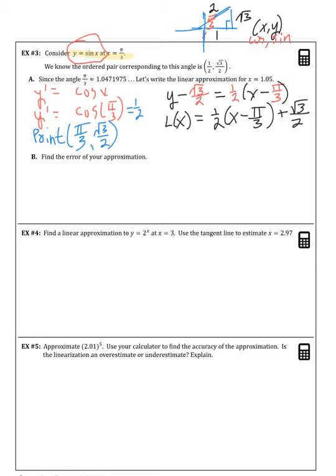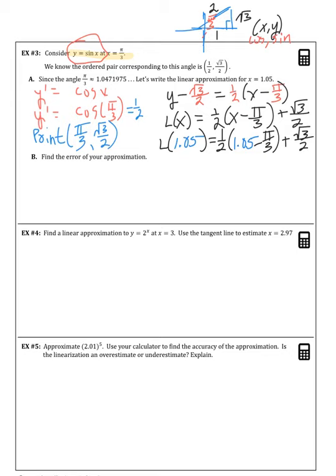And then we're going to substitute in the value that we're approximating. So we want to find the linear approximation for x equals 1.05. So here's our x here and here. So L of 1.05 is equal to 1/2 times 1.05 minus pi over 3 plus square root of 3 over 2.